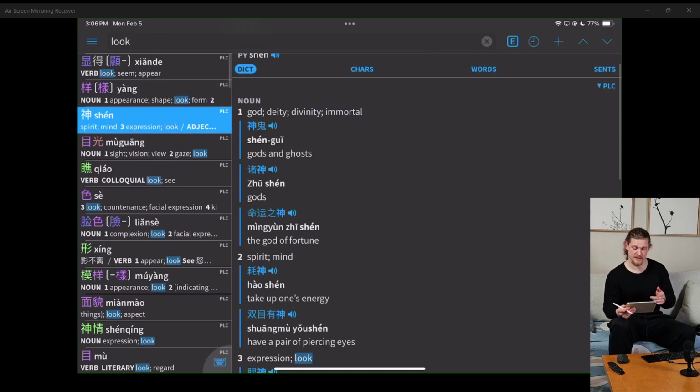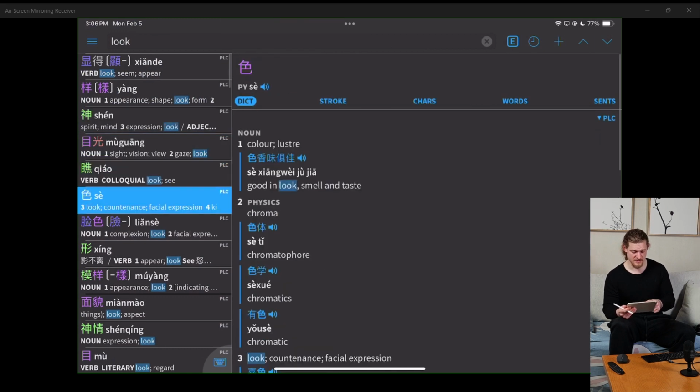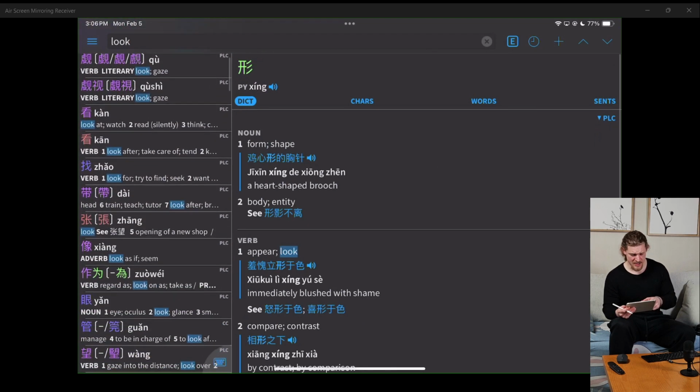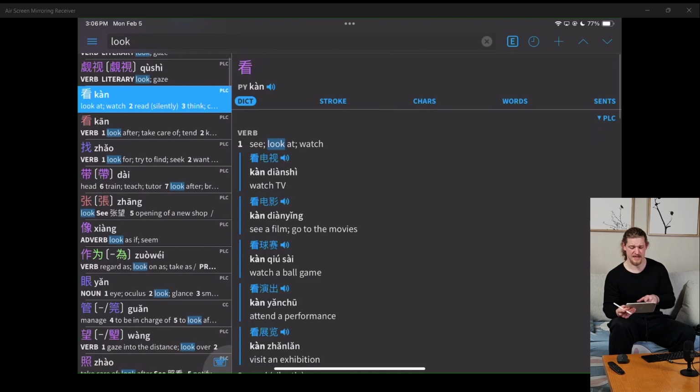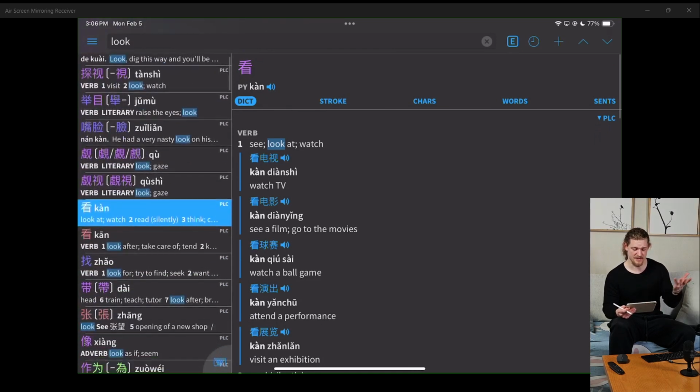No, that's not what we're looking for. Expression or look in someone's eyes. No. Let's see. The most common word for look, to look at something, is kan. And that's like the 20th thing that shows up. It doesn't work that well going that direction.